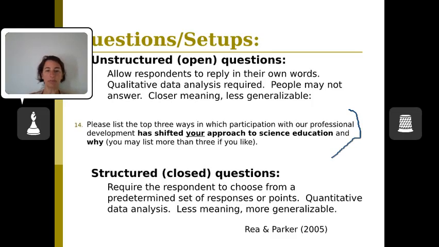Please list the top 3 ways in which your participation with our professional development has shifted your approach to science education and why. The other kind of question is a closed question, and I'll give an example on the next page. This is where you require the person to choose from a predetermined set of points. With closed questions, you can do quantitative numerical data analysis, but they tend to have less depth of meaning.